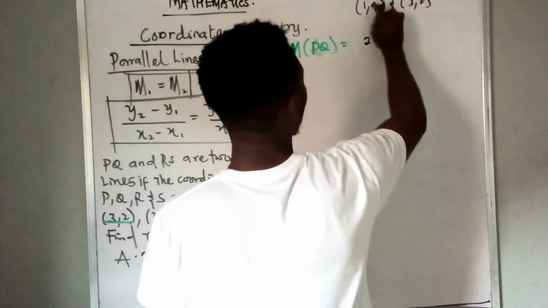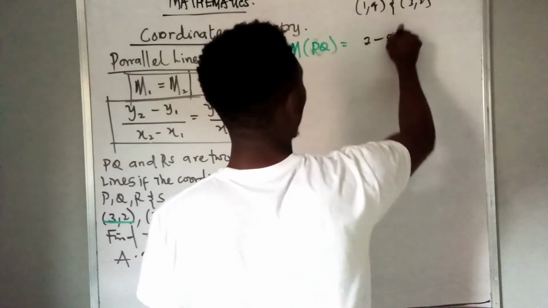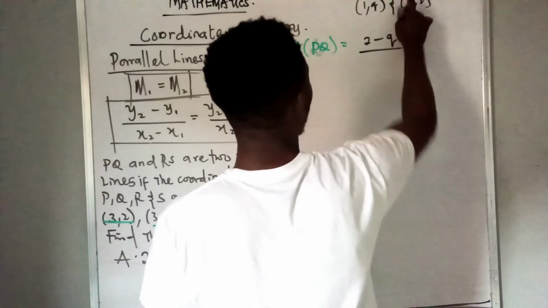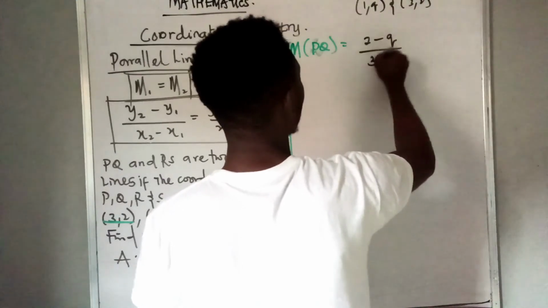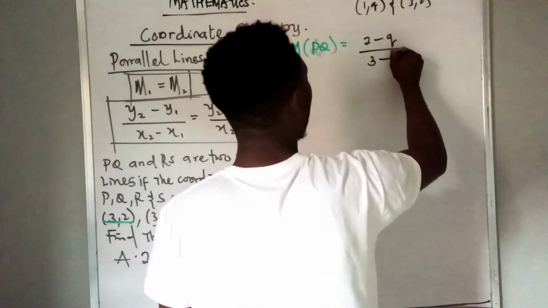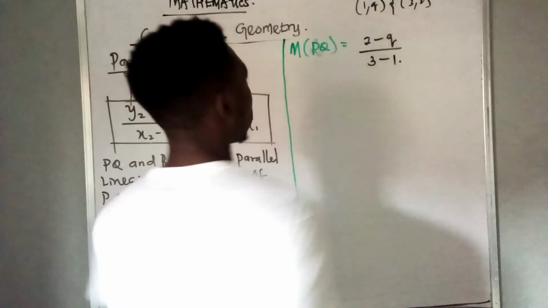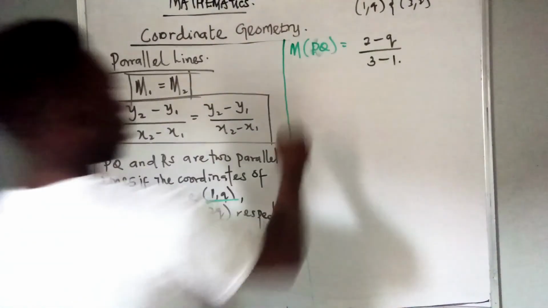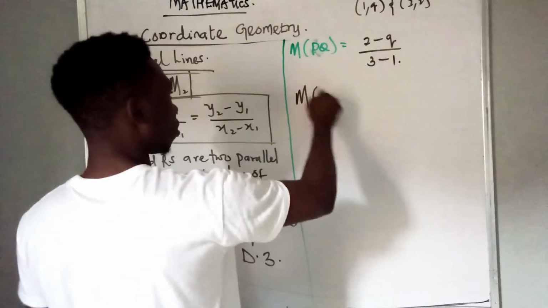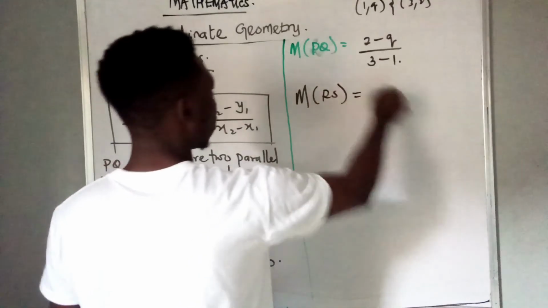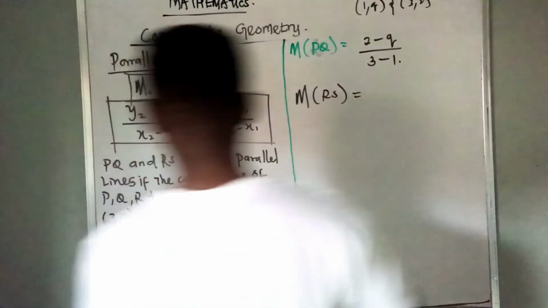So y2 minus y1 over x2 minus x1. You got that? So let's go. The slope of RS. RS here, what are we having?